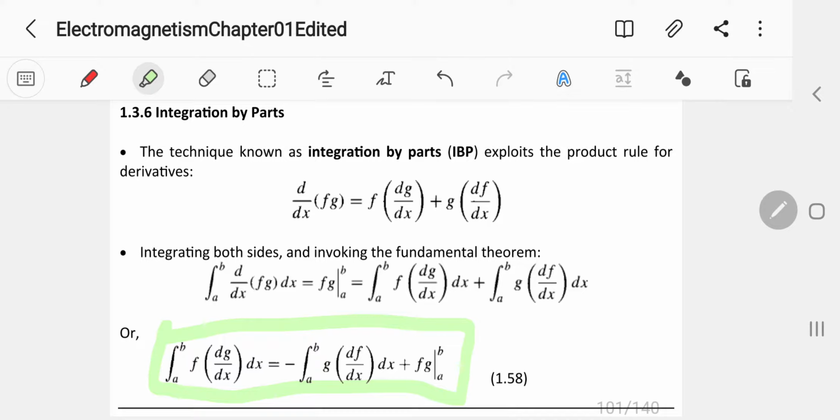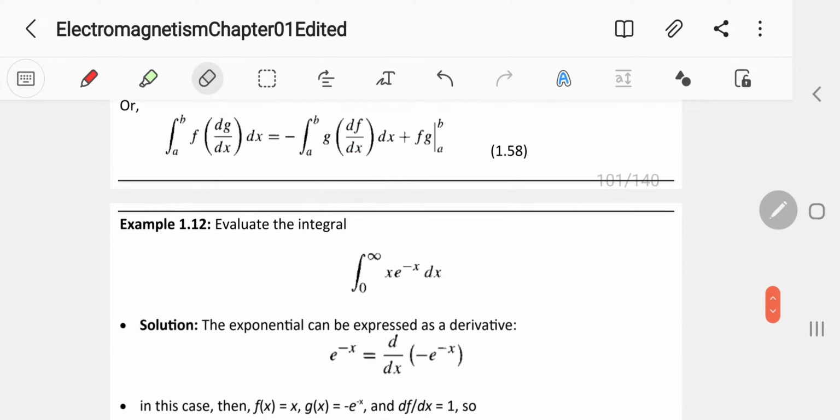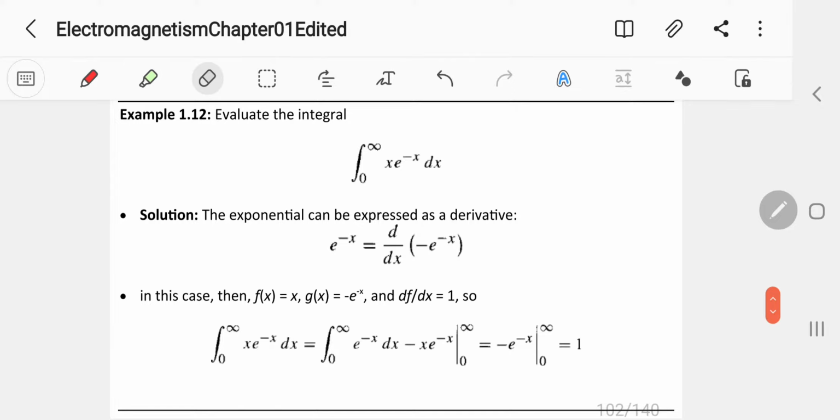So let's look at an example here. Evaluate the integral from 0 to infinity of x e to the negative x dx.